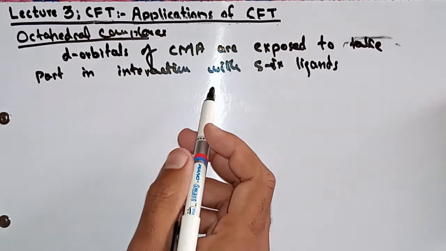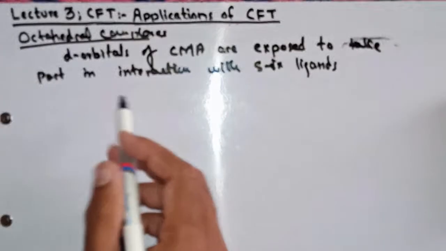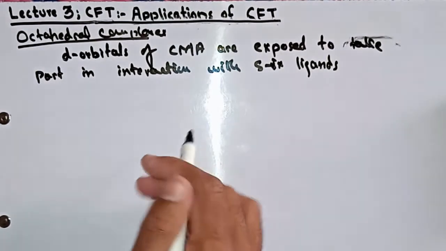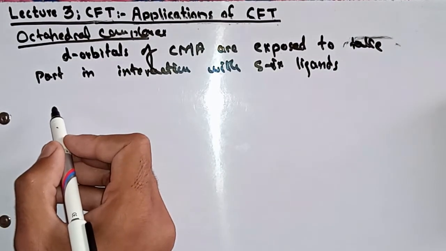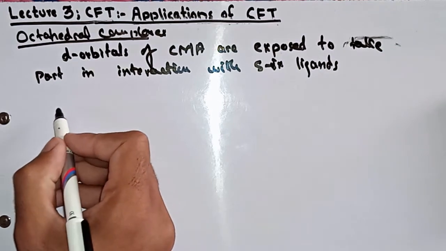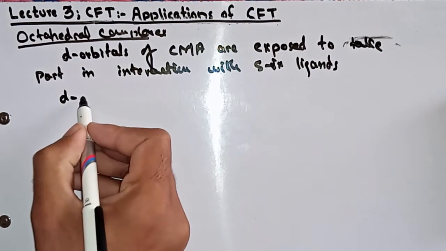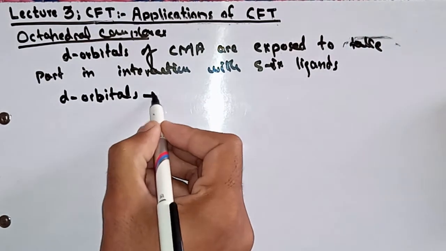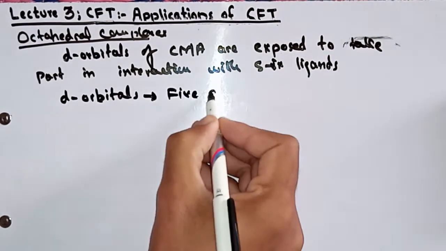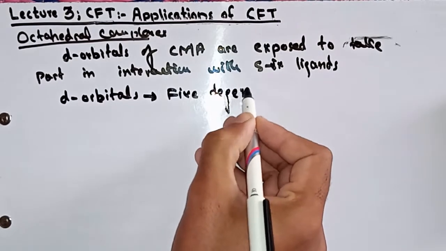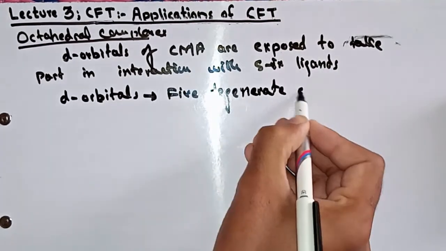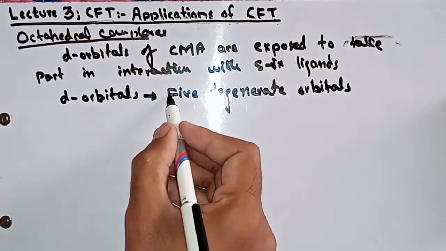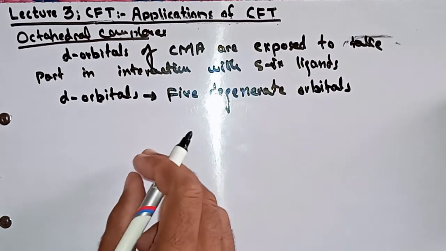The d orbitals of the central metal atom are exposed to take part in interaction with six different or six similar ligands. We already know that the d orbitals have 5 degenerate orbitals.